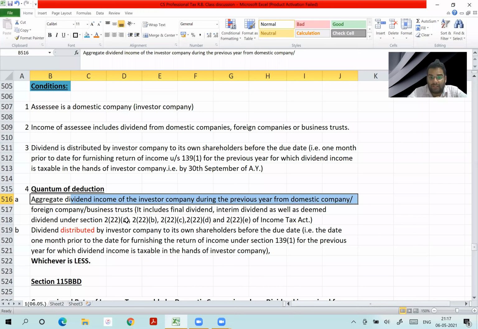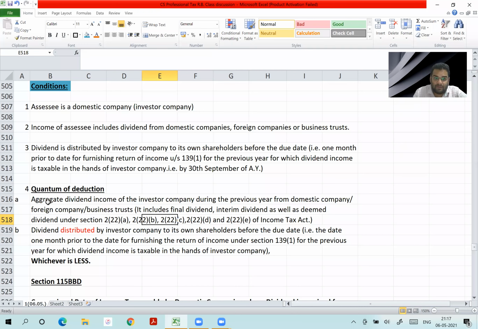So the quantum of dividend will be this aggregate dividend income or the dividend which I am trying to distribute to the shareholders before the due date, whichever is less. Okay, getting it?